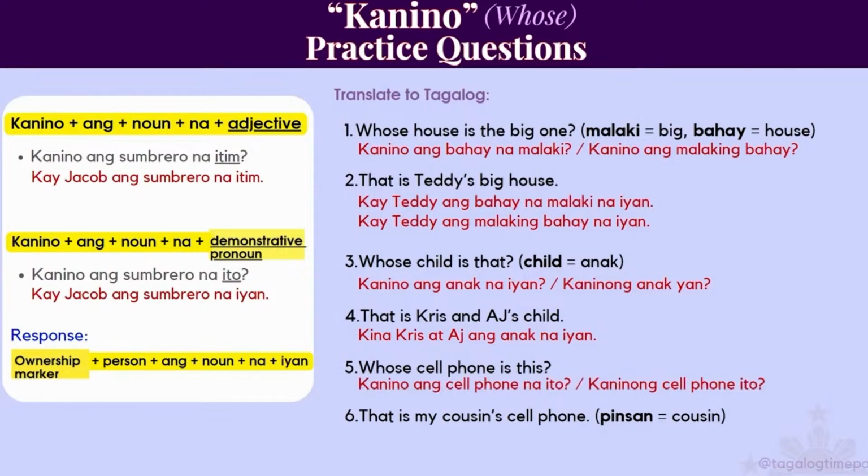Kanino ang cellphone na ito? So that's following sentence structure number 2. Kanino ang, the noun is cell phone, na, ito is the demonstrative pronoun. And just quickly speaking, someone might say, kaninong cellphone ito?